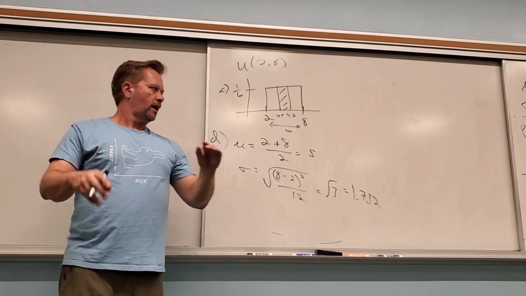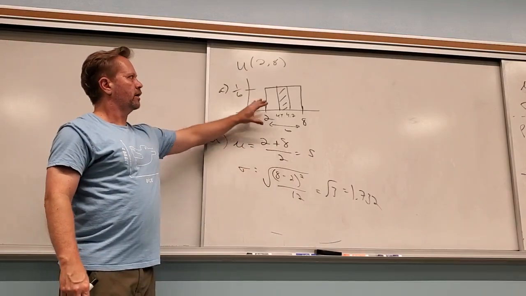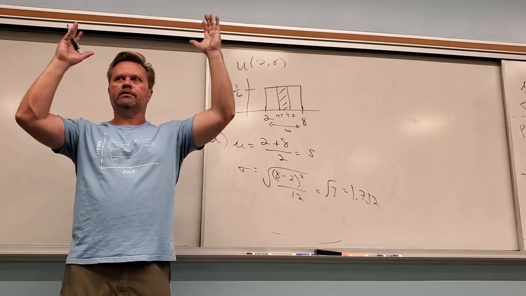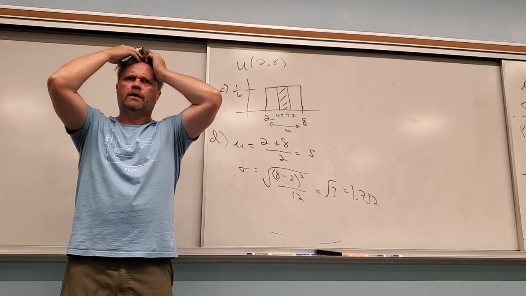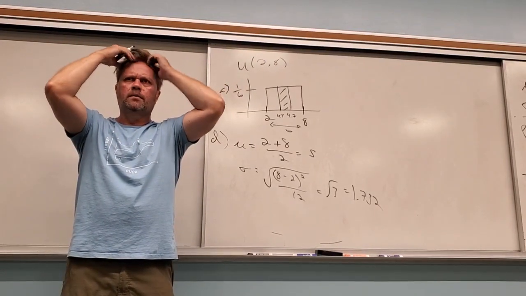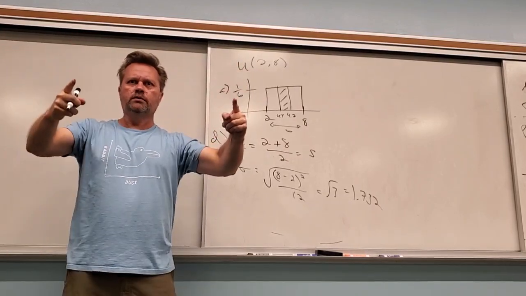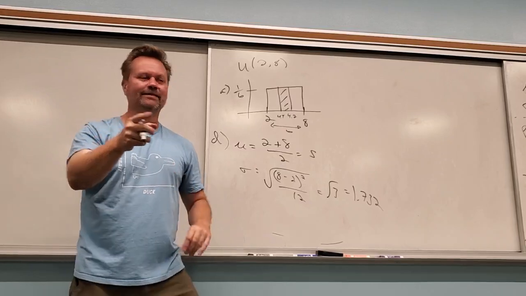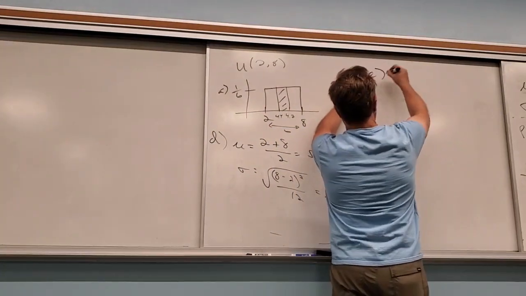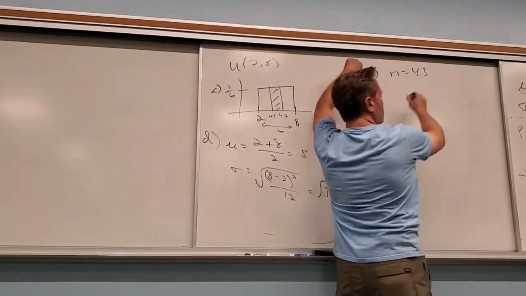All right, now that's the mean and the standard deviation of the distribution as it was given to me, right? What's the last part say? Find a sample of size 43. We take a sample of size 43.